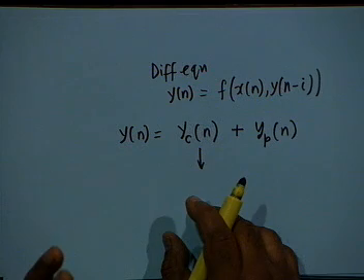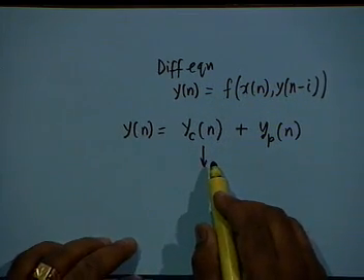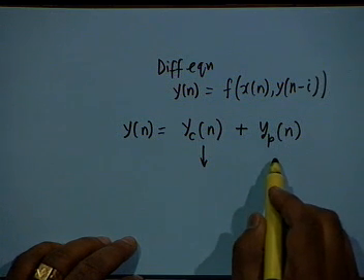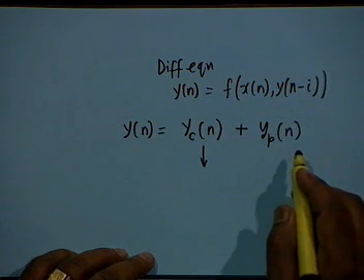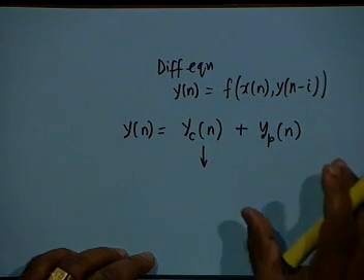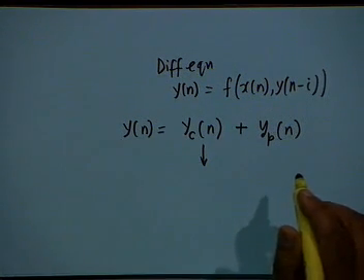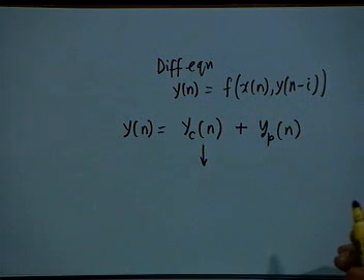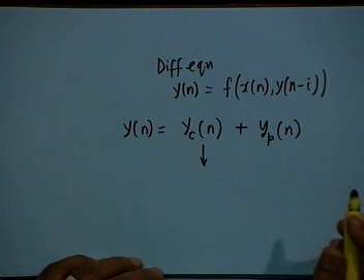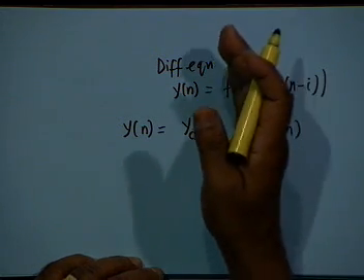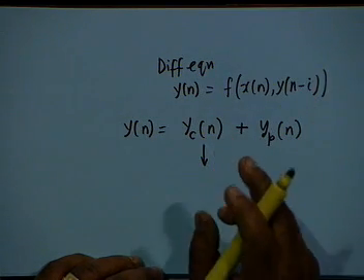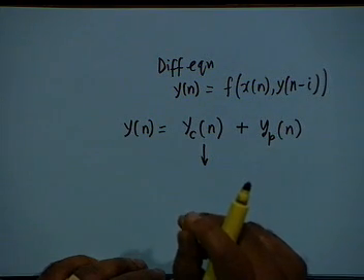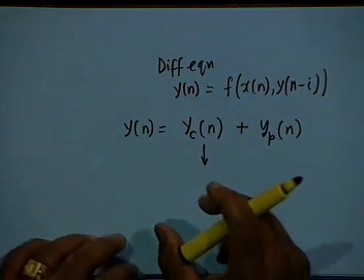From the initial conditions, you can find out the constants in yc of n. Yp of n shall have no constants. Yp of n shall be completely determined from the given difference equation. And the constants have to be found out not before adding the particular solution. It is to be done after adding the particular solution. This point must be remembered.